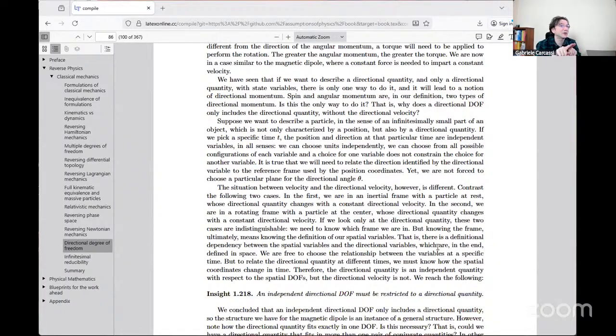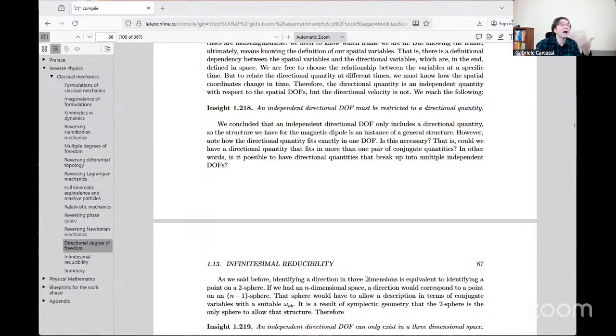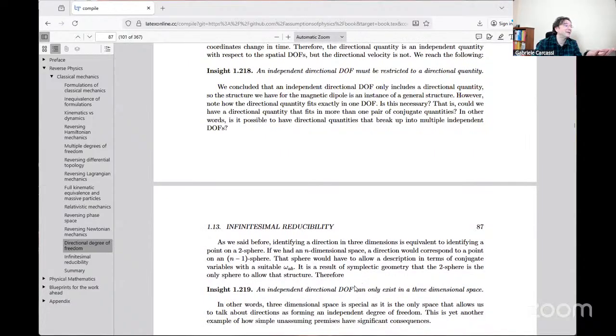If you want the directional degree of freedom to be independent, then it must be only the direction. And once you say, okay, now the directional degree of freedom is only the direction, then you ask, well, could I have a direction that is made of more variables? And then you can't, because the conjugate pairs can only exist for a two-sphere.